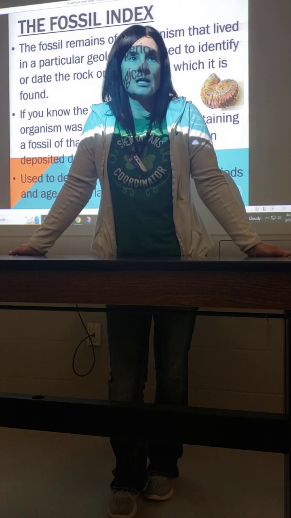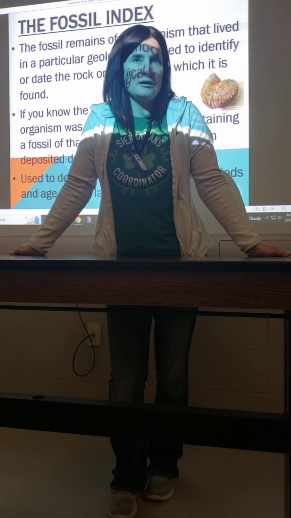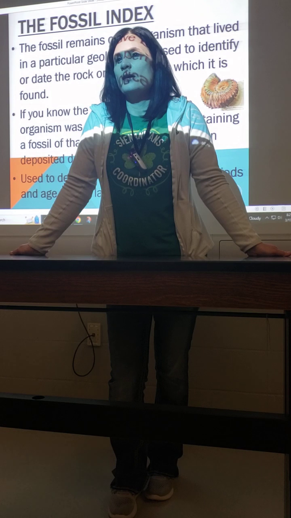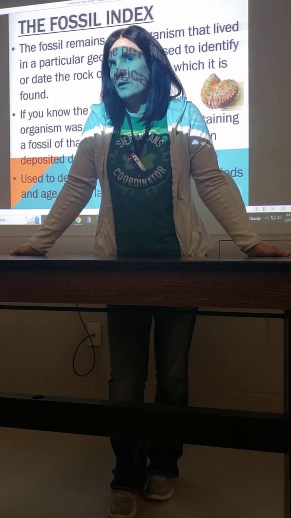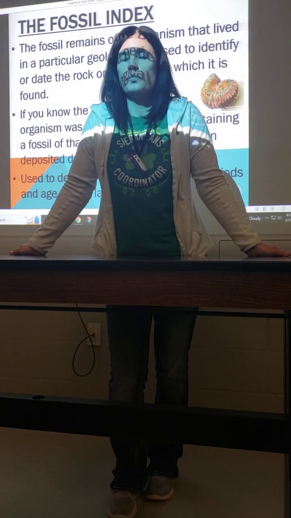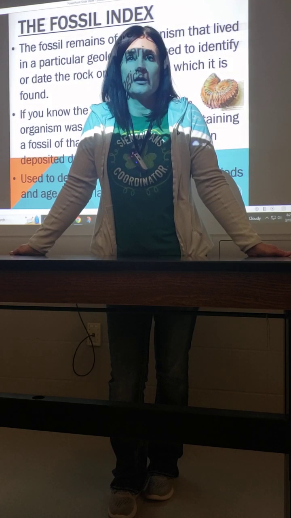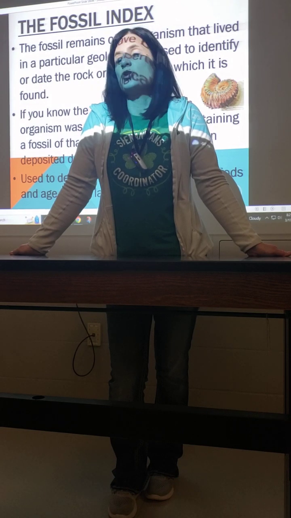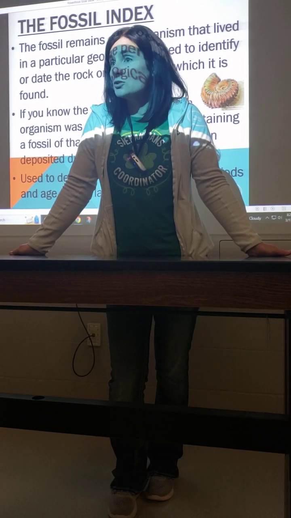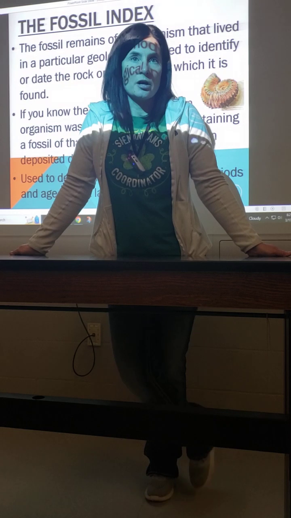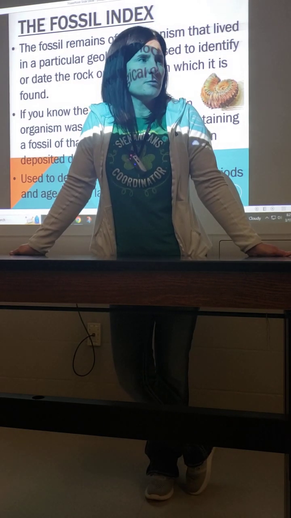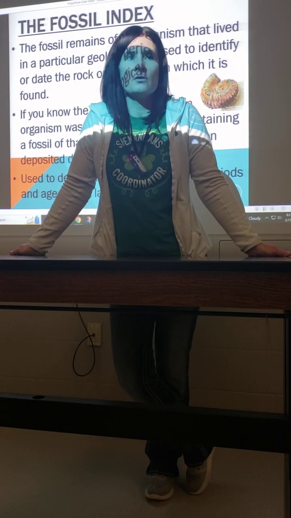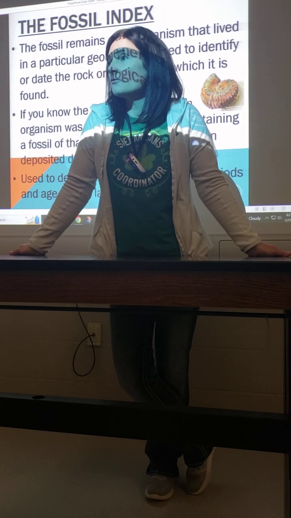That's the process. Well, logic tells us that if you have an organism, then you know roughly when it was alive if you know the age of the rock layer that it was found in. Or vice versa, if you know the age of the fossil by running different tests that we'll talk about, then you can have a rough estimate of the age of the rocks.